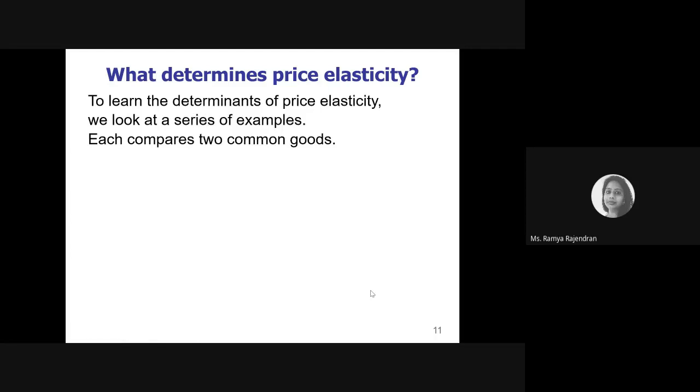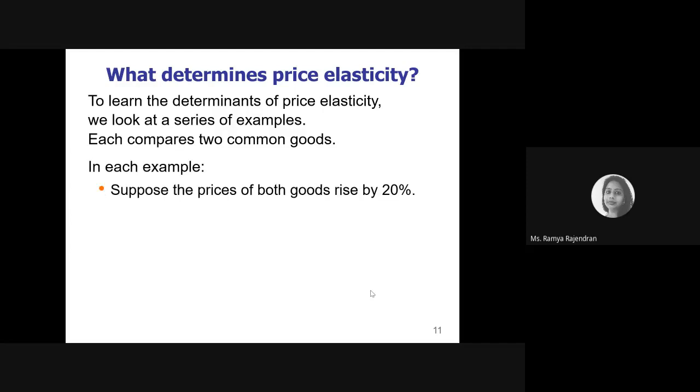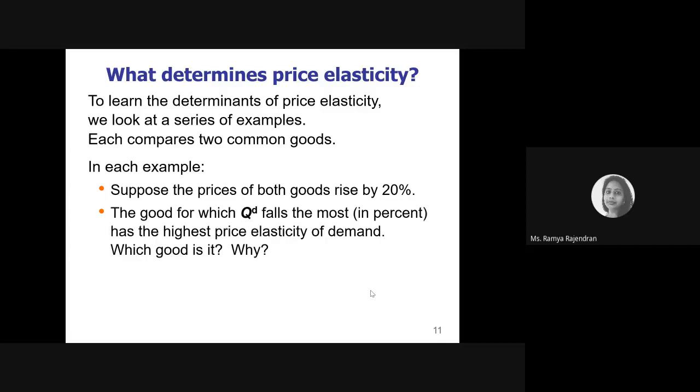Okay, so let's see what actually helps us determine this price elasticity. We'll have two examples right now. First one is, if the price of the goods rises by 20%, the quantity falls the most.